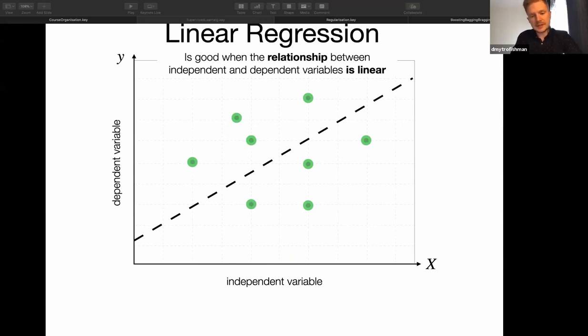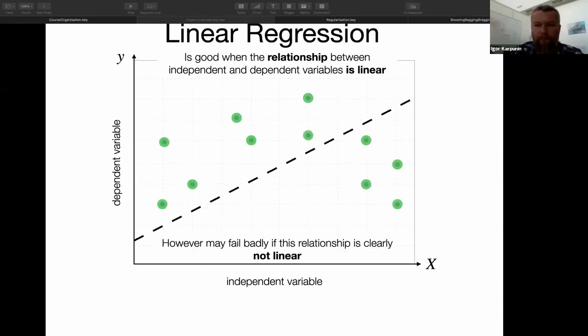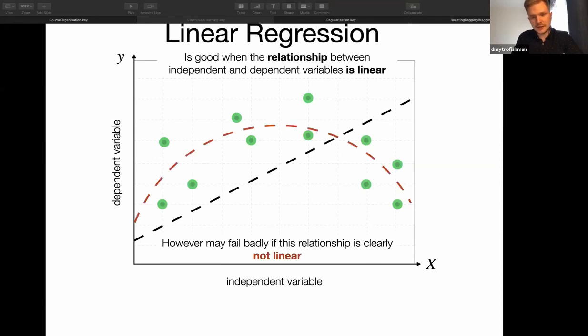The problem starts when the relationship is clearly not linear. Like in this case, it is clearly a quadratic, paraboloid relationship. In that case, linear regression becomes not very useful, so we need to use something else.